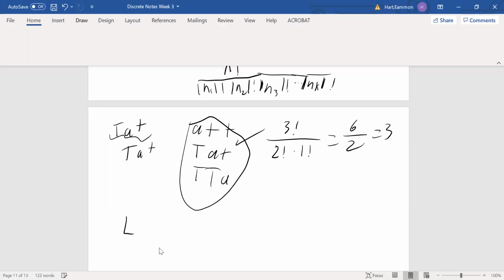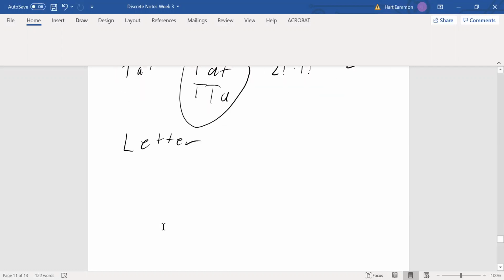What about LETTER? L-E-T-T-E-R. Well, if I were to list out all of my options, it would take me a while, but I can also just plug it into this formula here. And so this is 6 letters long, 6 factorial, and then we would get L only appears once, so that's 1 factorial.